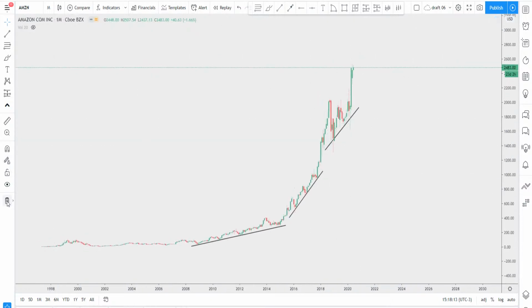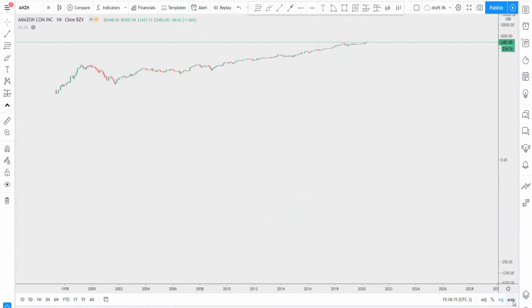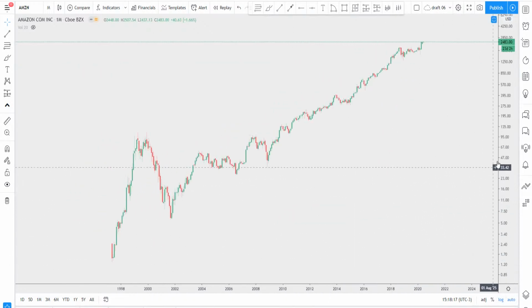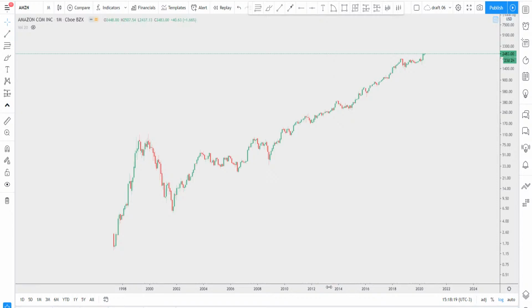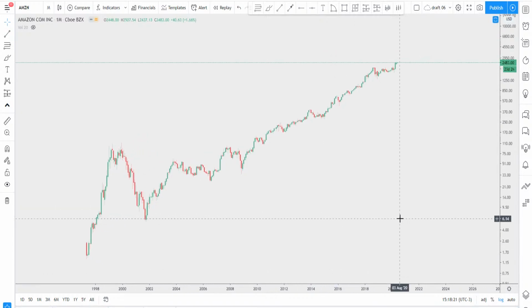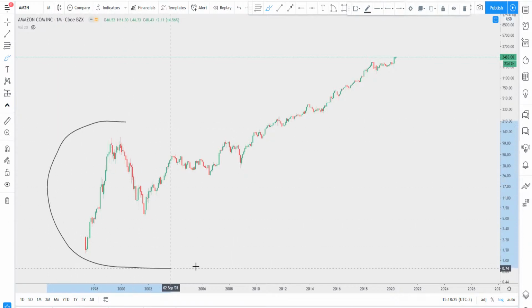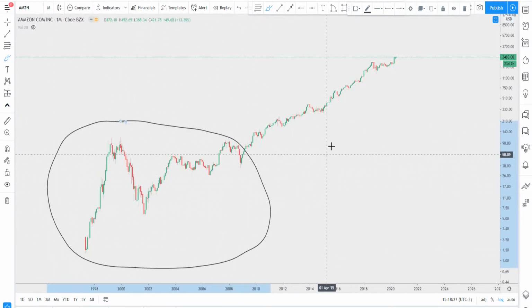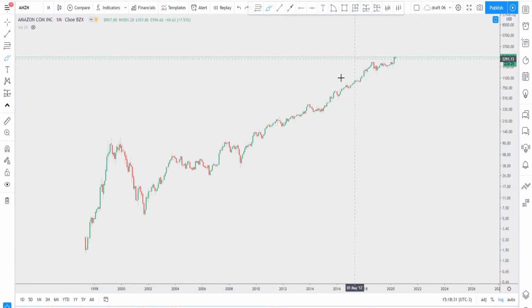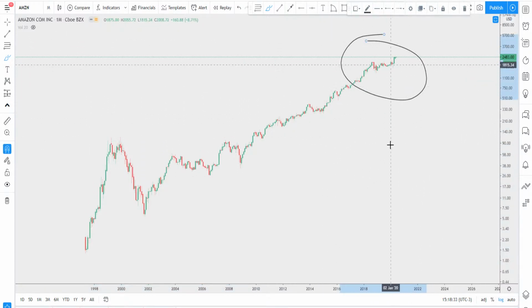Okay, so let's go to the log scale chart. I already talked about this before in my first video, Amazon from A to Z. So what we are going to look at now is the last action here.